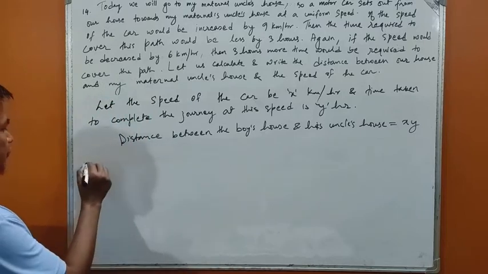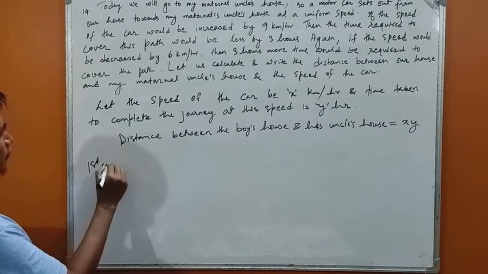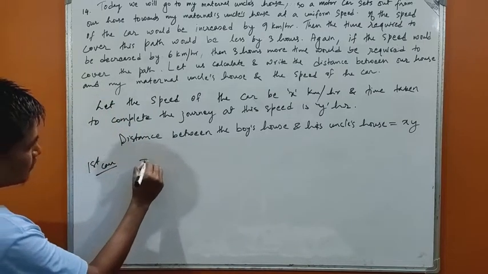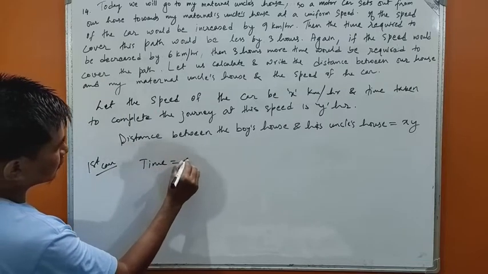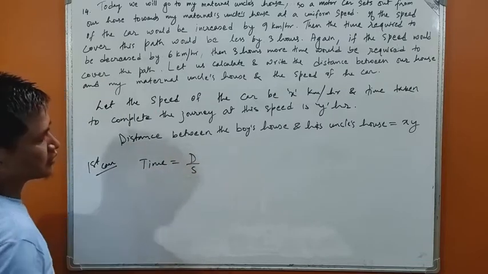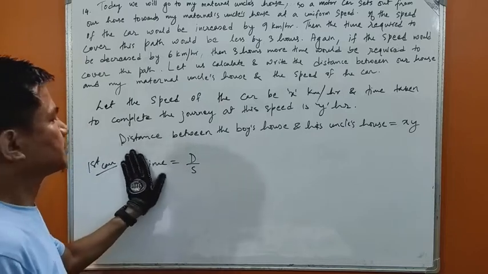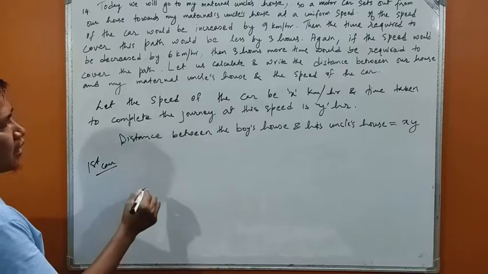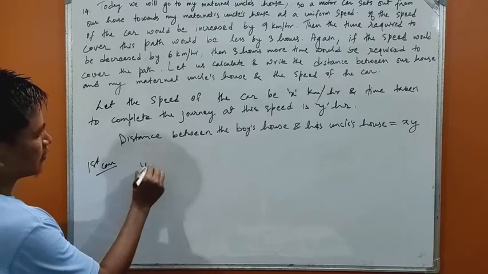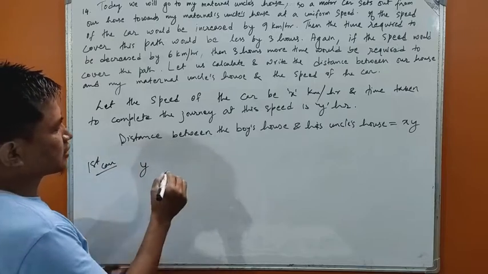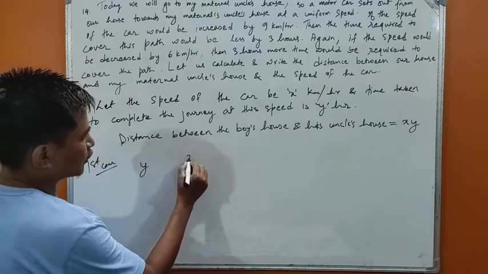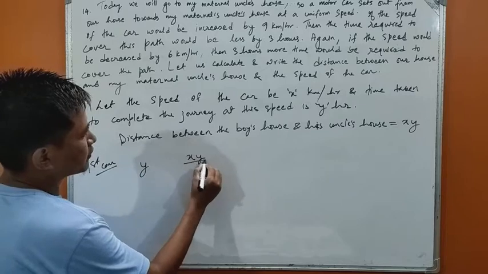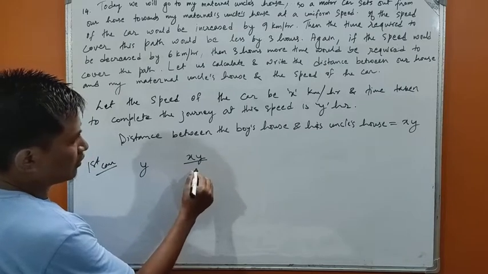So for the first condition, time equals distance by speed, isn't it? The time taken by the car is y hours, the distance covered by the car is xy, and the speed of the car is x.